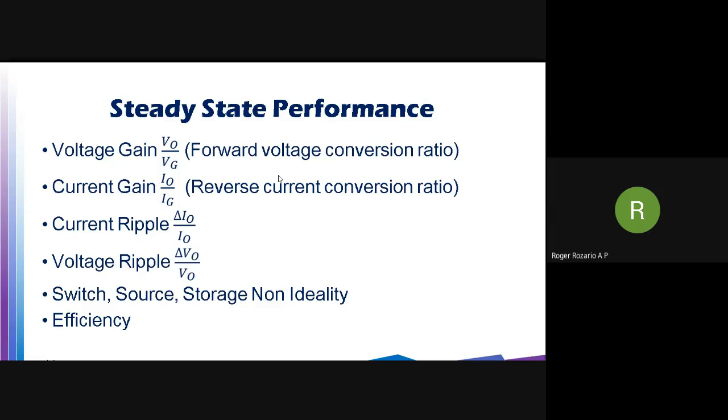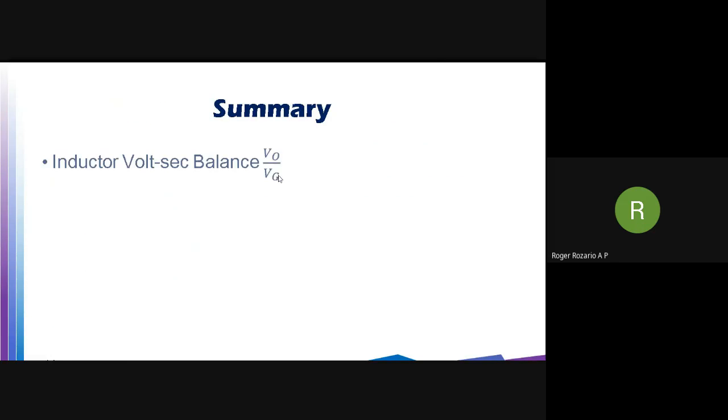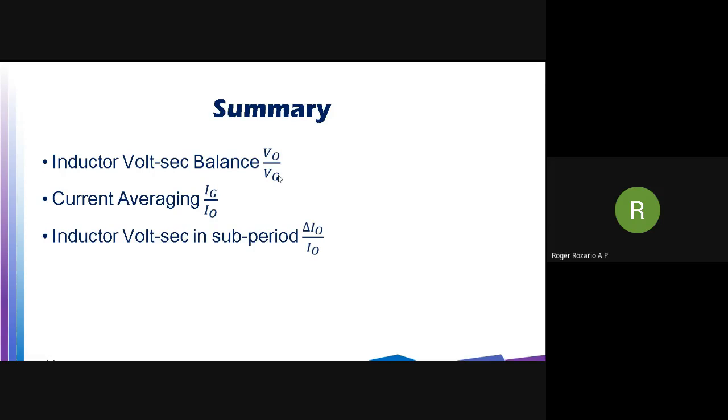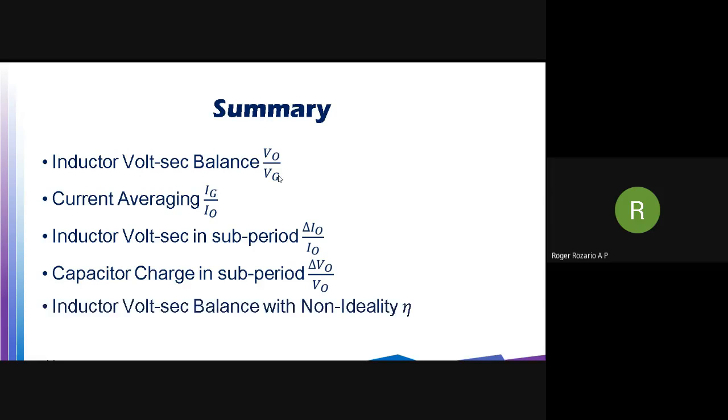And how did we find out all these steady state parameters? We used the inductor volt second balance to find out V0 by Vg. We used the current averaging method to find out Ig by I0. We used the inductor volt second balance in the sub period to find out del I0 by I0. We used the capacitor charge in the sub period to find out del V0 by V0, and we used the inductor volt second balance with non-ideality to find out the efficiency.